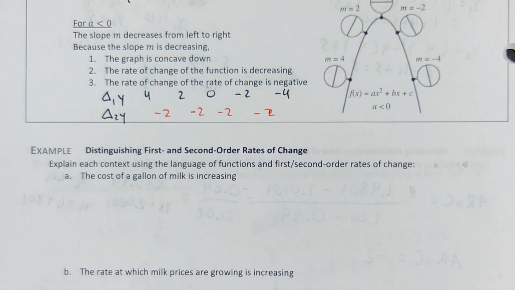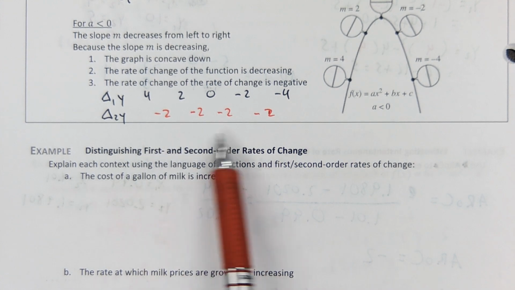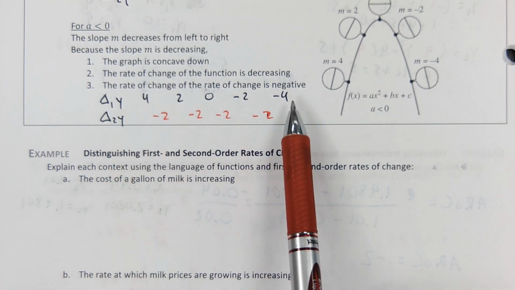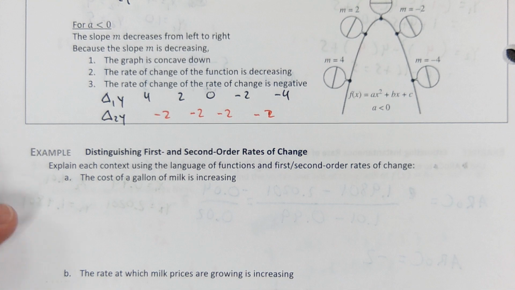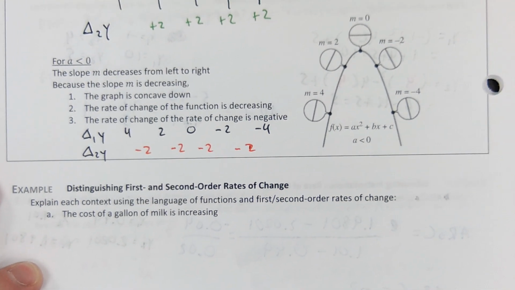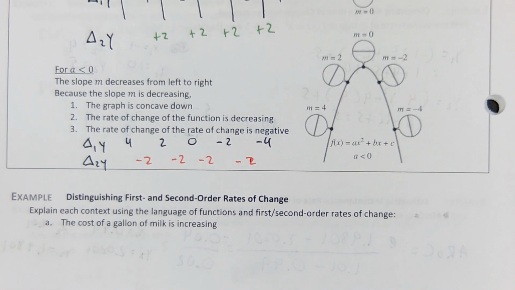Anybody want to make a prediction about anything that they're thinking about right now? Well, we know it's concave down because they're negative. Because our second differences are negative, we know it's concave down. Because our first difference was decreasing, we know it's concave down. I could tell you it's not an accident that these second differences were 2's.